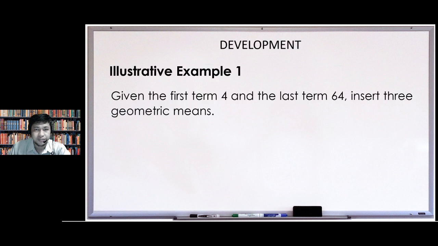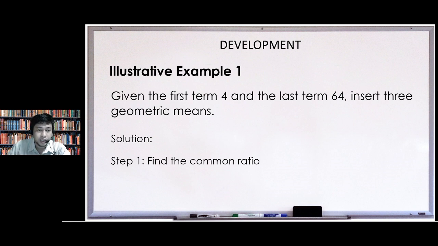Now let's have an illustrative example. Number 1. Given the first term 4 and the last term 64, insert 3 geometric means. For its solution, for step 1, we need to find first the common ratio.